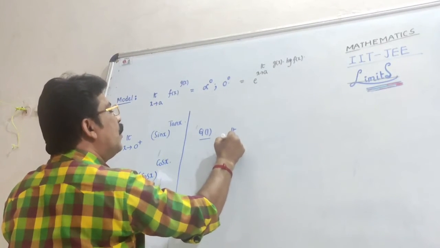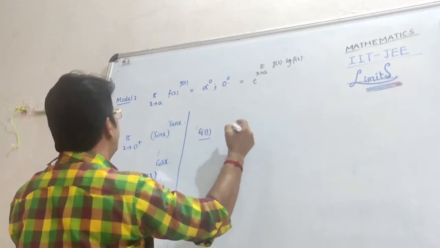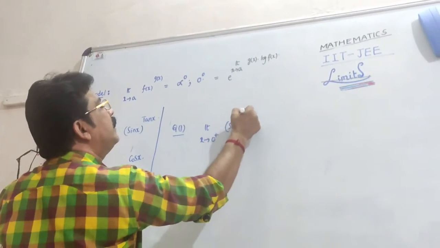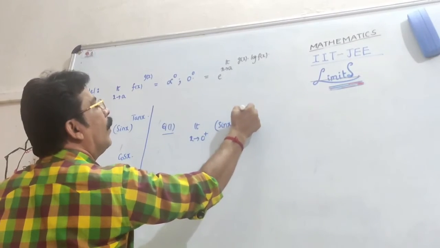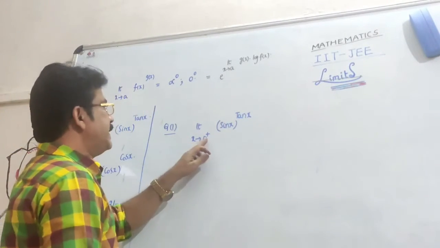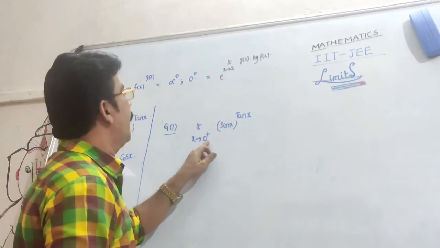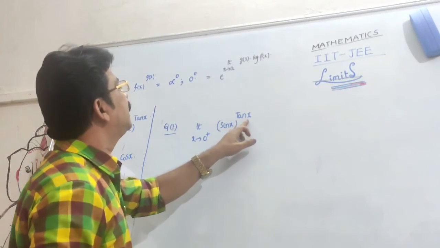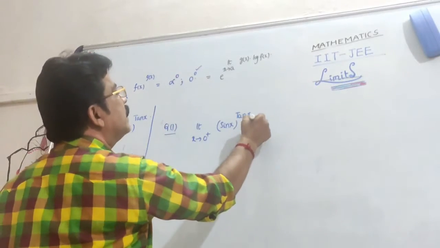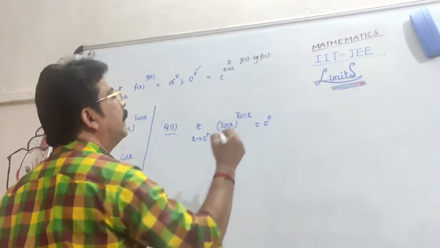limit x tends to 0 plus, sin x whole to the power of tan x. So clearly we see that put x equal to 0, sin 0 is 0 and tan 0 is also 0. So we are in this form 0 power 0.